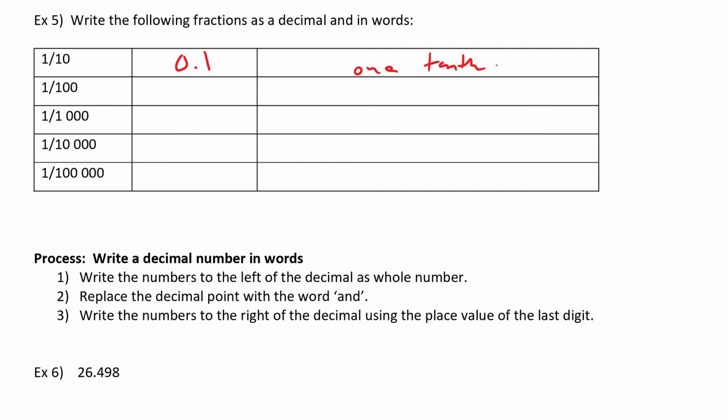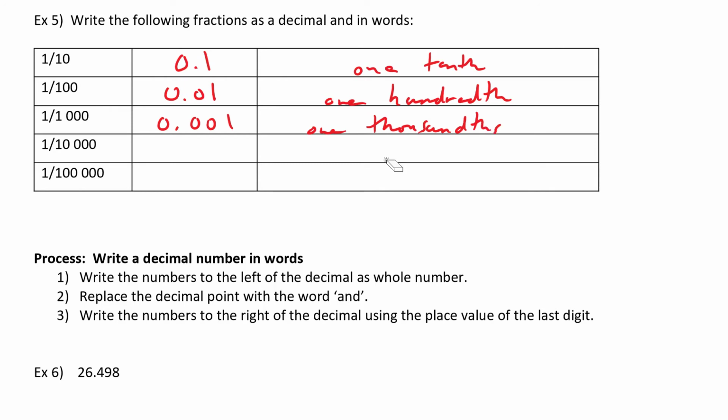The next one here, 1/100th. We have 0.01, and this is 1/100th. So you can see where this is coming from, where this place value comes from. There is no ones. 1/1000, 0.001, and this is 1/1000th with a TH.